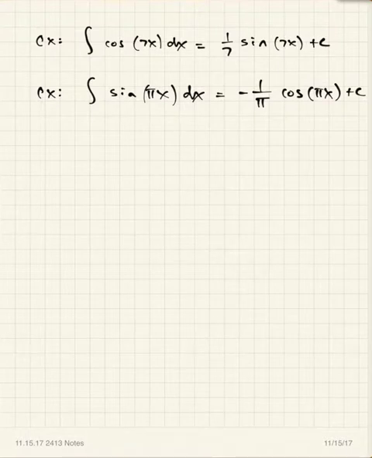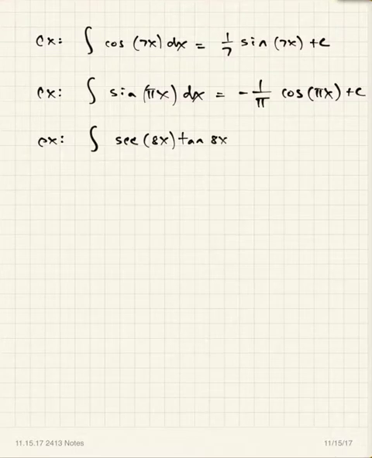All right. And this would extend over to what might look like a little bit more complicated trig functions, but not really. So if we have the secant of 8x tangent of 8x dx, right?